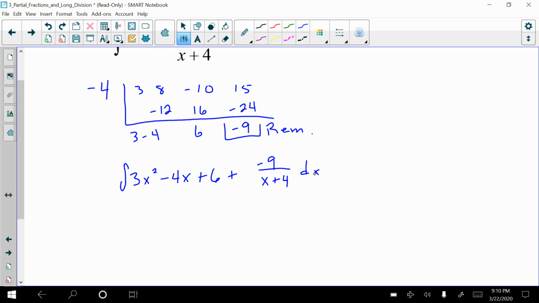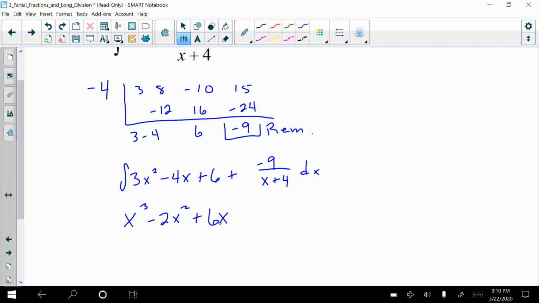And because we have a polynomial expression for a majority of it, it's relatively easy to do. So when I take the antiderivative of everything that I have here, I wind up with x cubed minus 2x squared plus 6x.